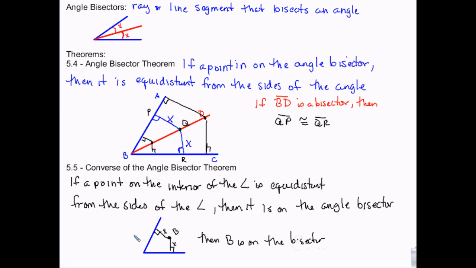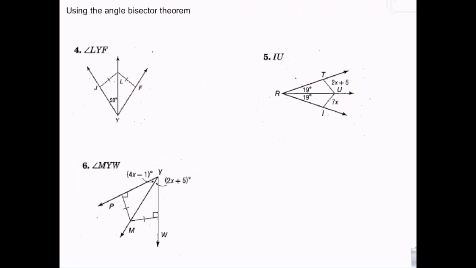So if I drew a line here through B, these two angles would be the same. We have the angle bisector theorem.